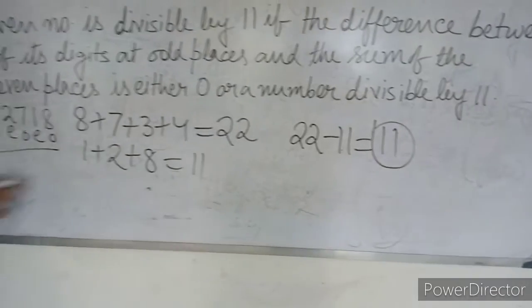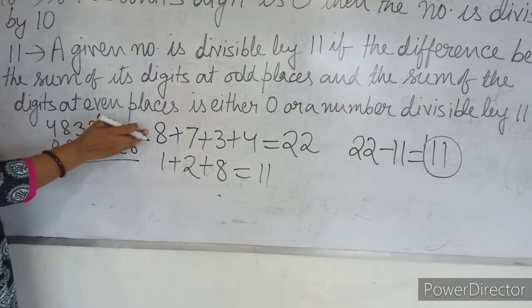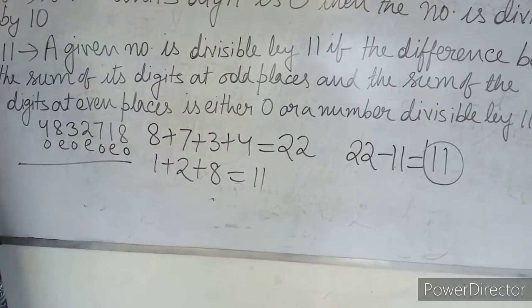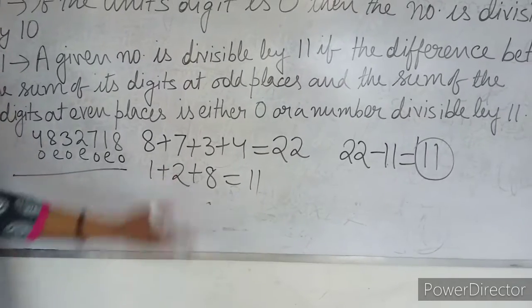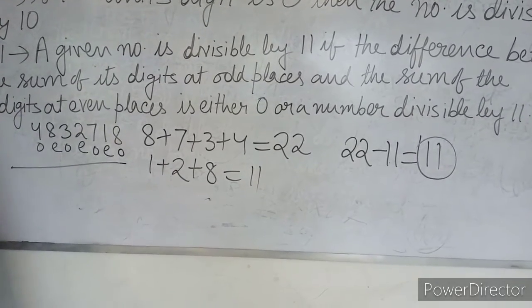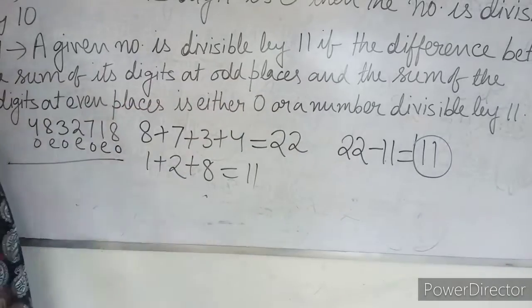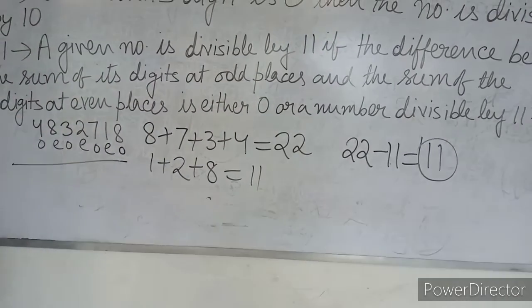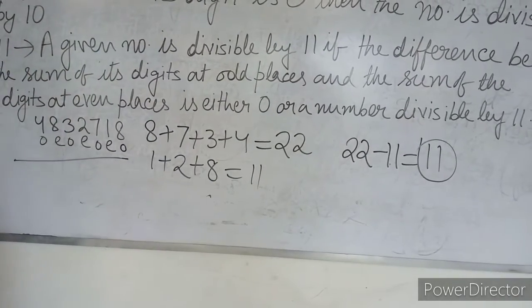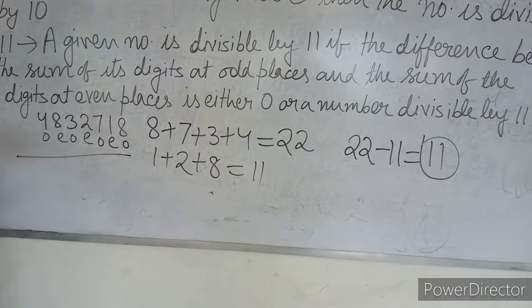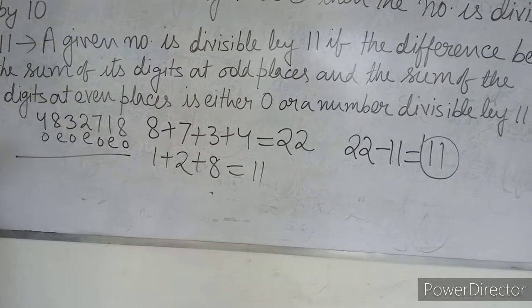So this one was my number. This one I got after adding the odd digits. This one I got after adding the even digits. This one I got by subtracting both these numbers. After subtraction I am getting 11. 11 means it is divisible by 11.